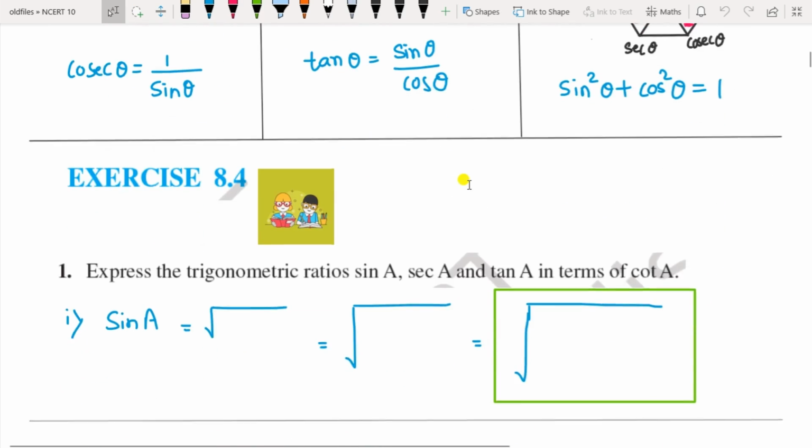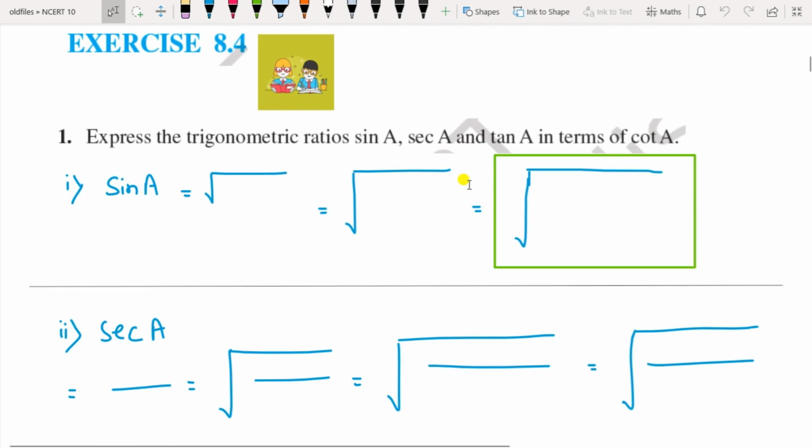Let us start with our exercise now, 8.4. Now first question is, express the trigonometric ratios sin A, sec A and tan A in terms of cot A. So you have to convert these in terms of cot.